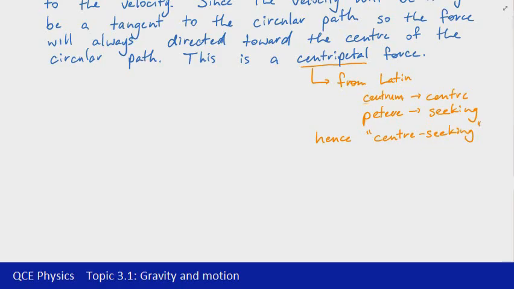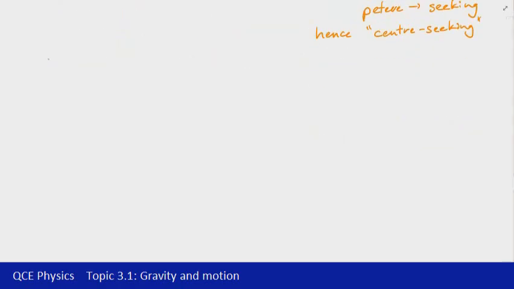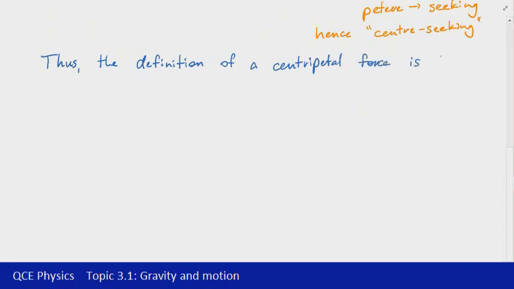So the definition then of centripetal force, considering that's one of the dot points that we need to address, something that you should be able to state word for word, is that a centripetal force is the force acting on an object that's either pushing it or pulling it.